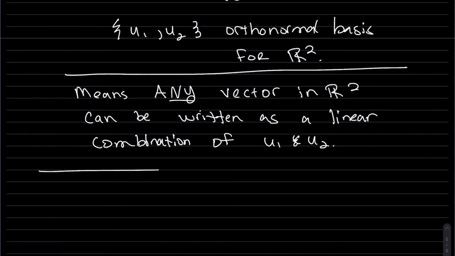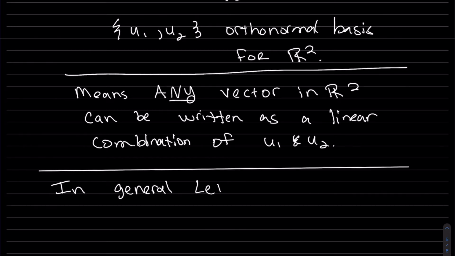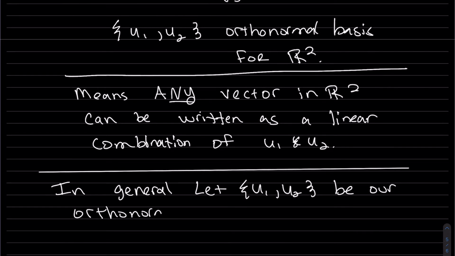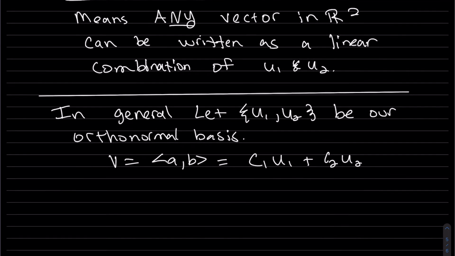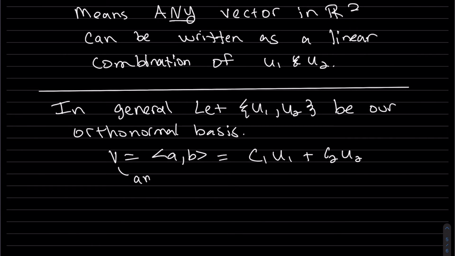So in general, we're going to let B be our orthonormal basis. A linear combination means any V in R2 can be written as a linear combination of U1 and U2. Again, this is any vector. V is any vector in R2.